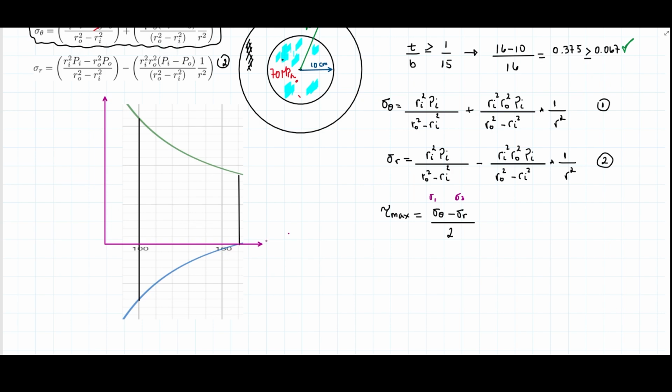This is in the direction of the radius, the radial direction. And then this is the value of the stresses, the green one being the circumferential or hoop stress, and the blue one being the radial stress.